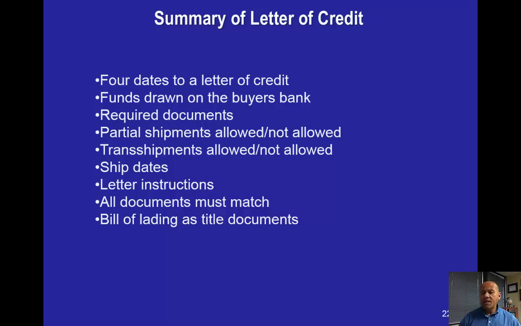This isn't the same with other types of bills of lading, like truck bills of lading or air freight bills of lading. Even though the bank is holding the original bills of lading, with those types the buyer can still get a hold of the goods. So it's very important to make sure that you understand which bills of lading perform as true title and which don't, regardless of how the bank looks at them. So it's very important to understand that.